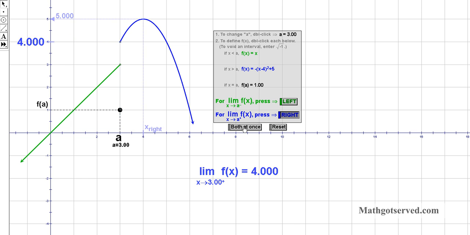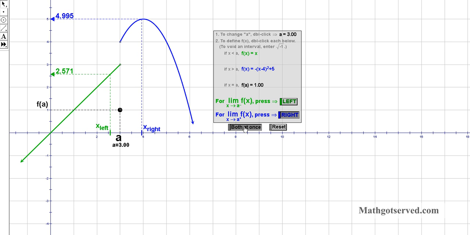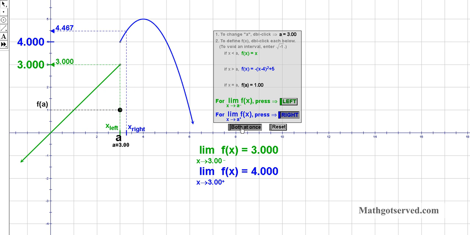Let's take a look at both of them. As we get closer and closer to the same x value, they both approach different y values. For the left side, it's 3, and for the right side, it's getting closer and closer to 4. So that's the left and the right-hand limit.